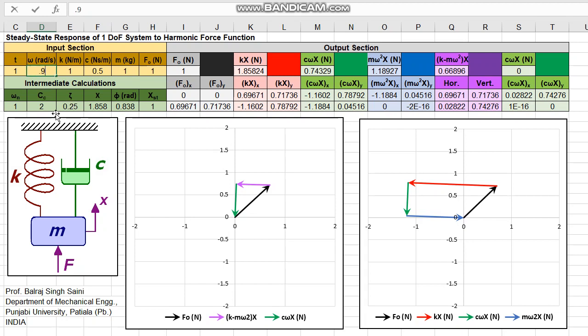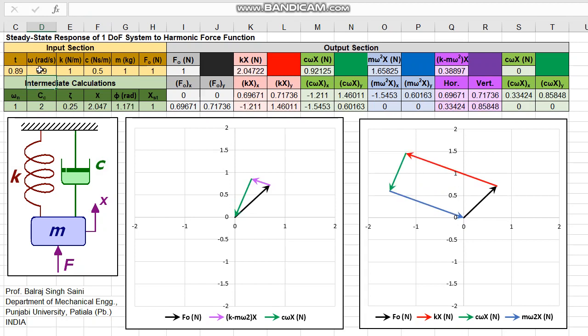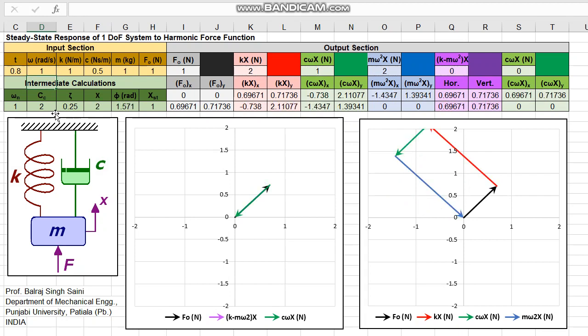So I make omega 0.9. Now the ratio is just 0.9 by 1, that is 0.9. You see phi is approaching 90 degrees. So when this is 1, yes, this becomes 90. This angle phi has become 90 degrees or pi by 2 radians.